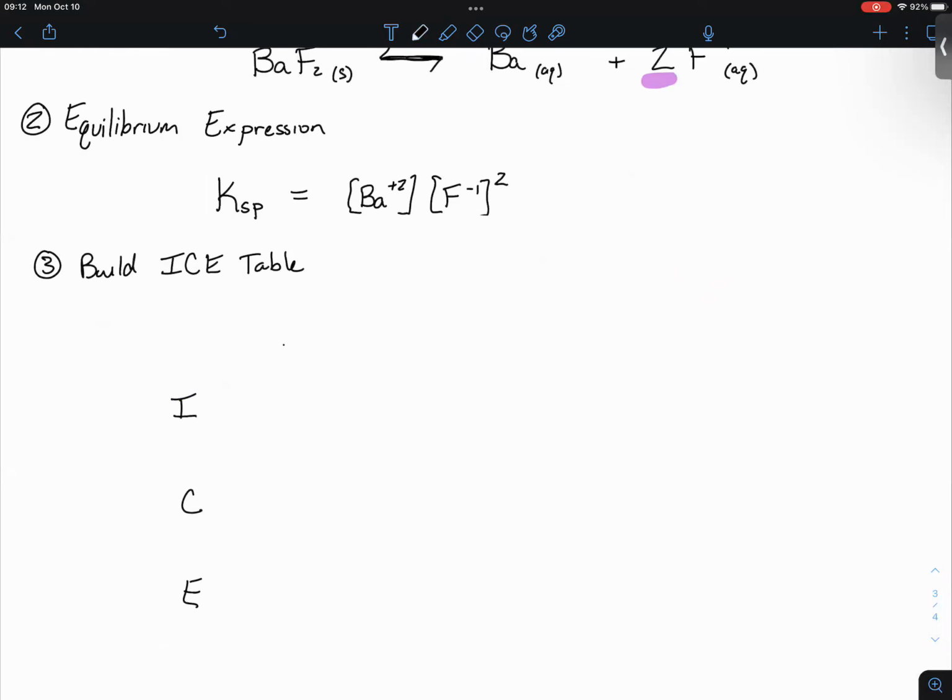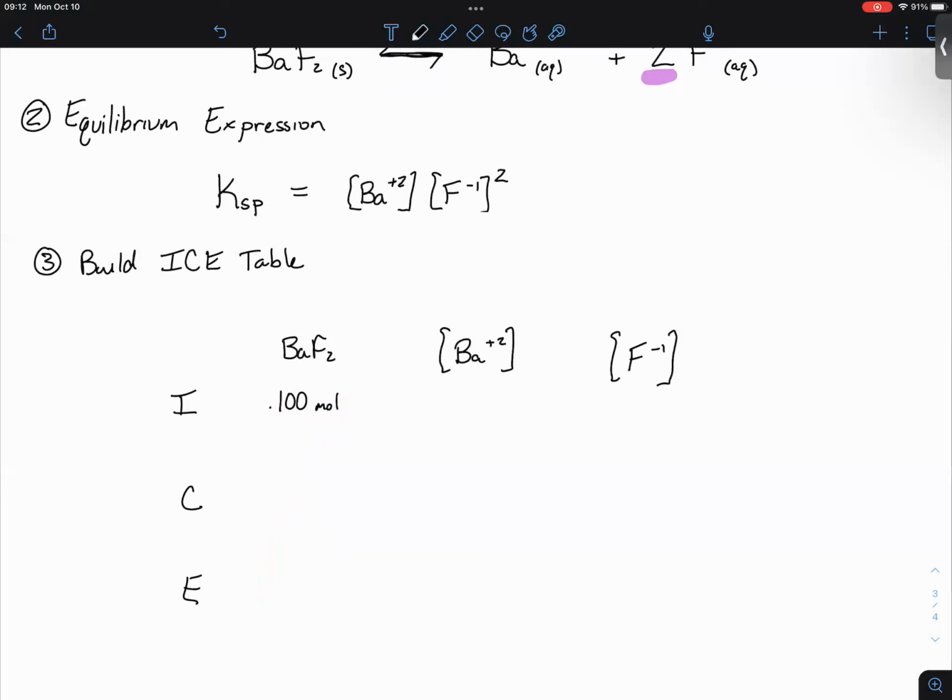Again, my barium fluoride is going to start out as that 0.001 moles, but honestly, I don't even have to worry about it because it's not going to factor into my equilibrium expression. I'm going to keep it there just because I think it might help see how these other two expressions I get. Okay, so concentration here, concentration there. Okay.